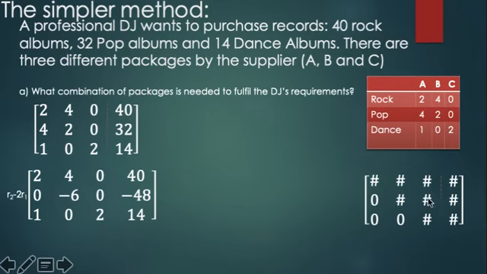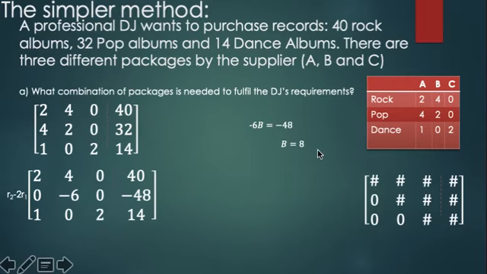The other rows also have a 0 each, and the last row doesn't matter. So our B value is -6, and -6b equals -48, so b equals 8.